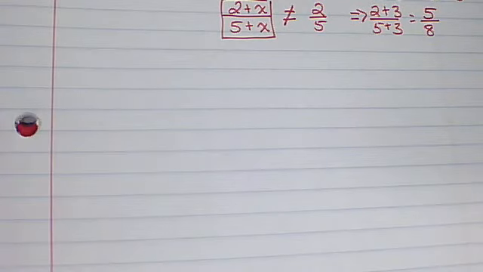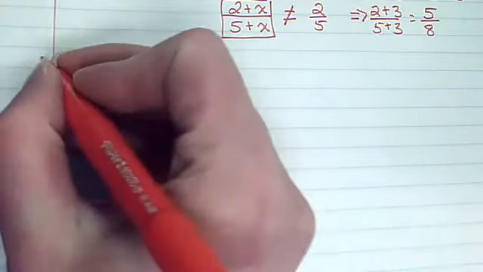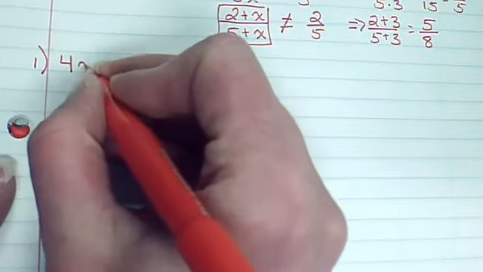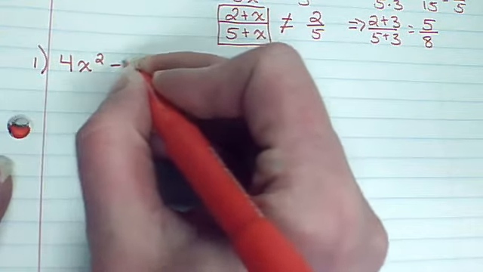Okay, so we brought up that little side note. Now I want to look at some problems here. Start with an example, and I will walk you through the step-by-step process.